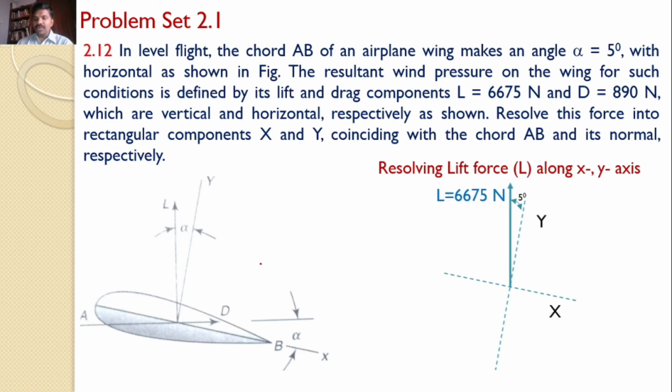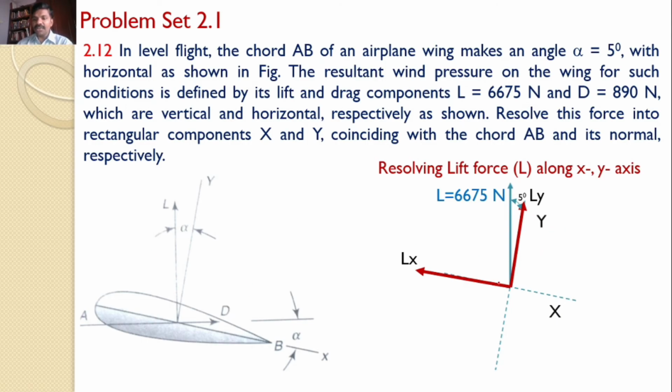Now let us resolve this force L equal to 6675 along y and x-axis. From the concept of convergent and divergent, the force F is divergent, hence the forces along y-axis and x-axis are directed like this. This is the direction of force Lx and this is the direction of force Ly. And what is the magnitude of this force?